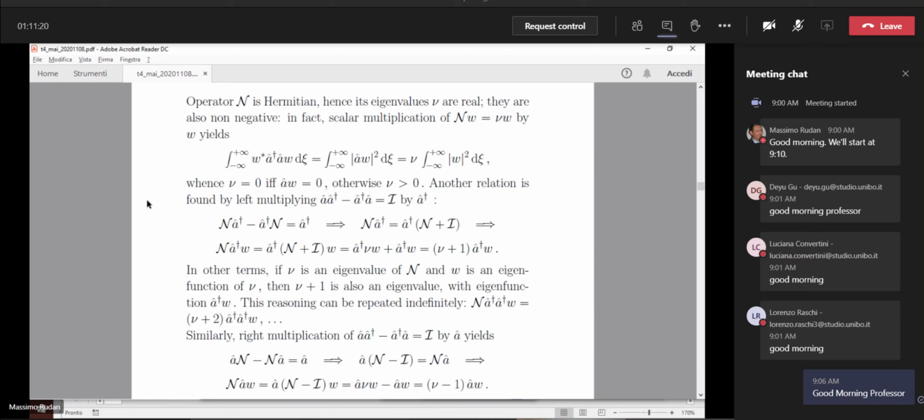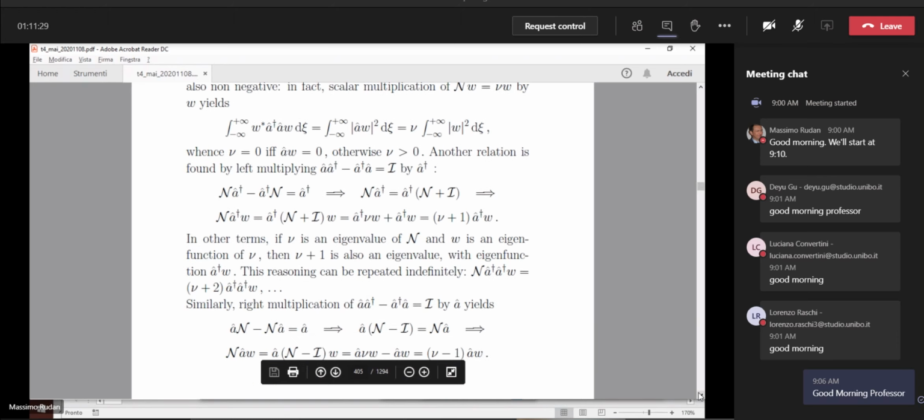And this is again done starting from the commutator of A and A dagger.